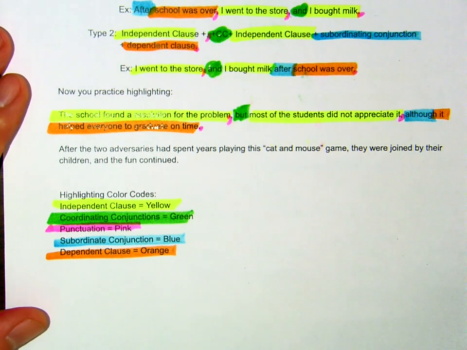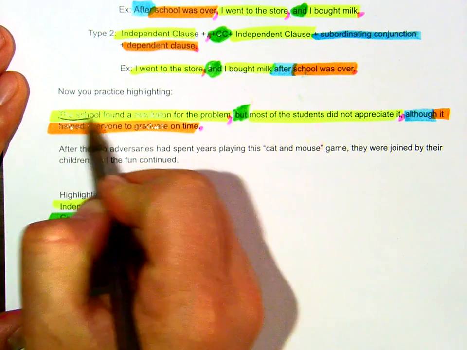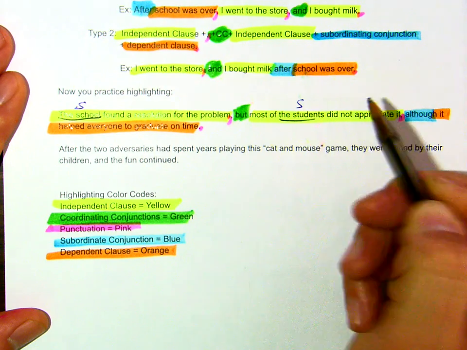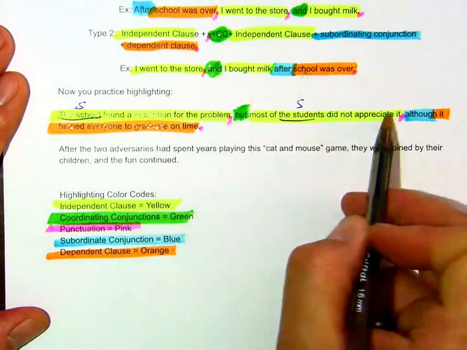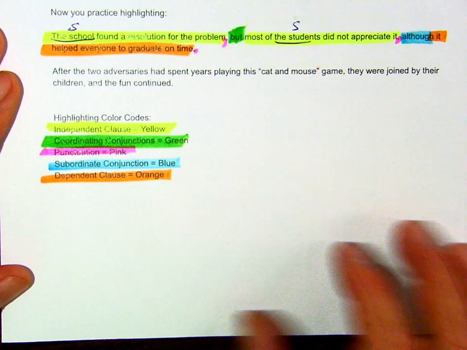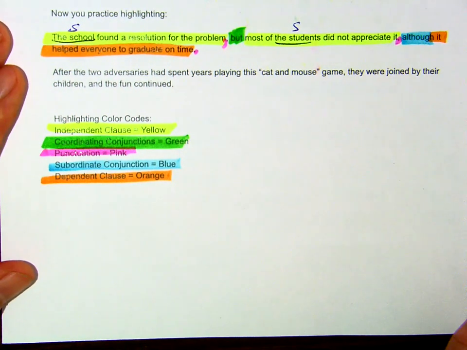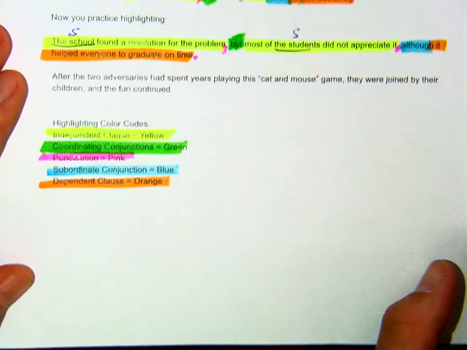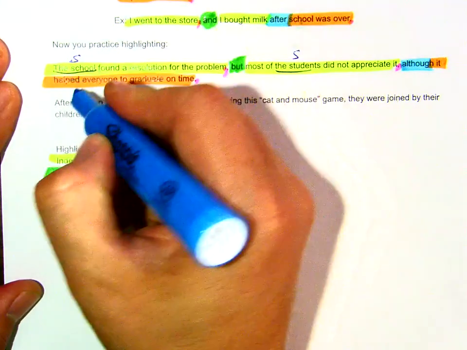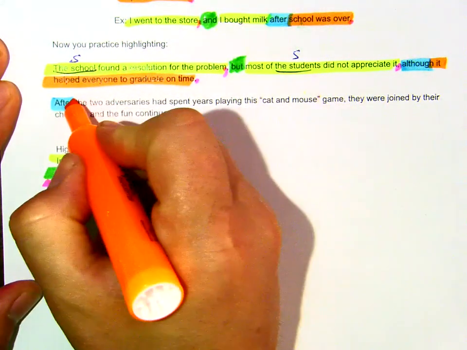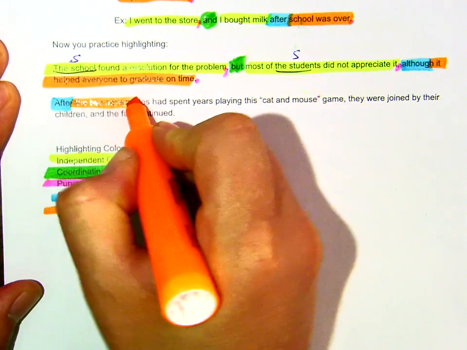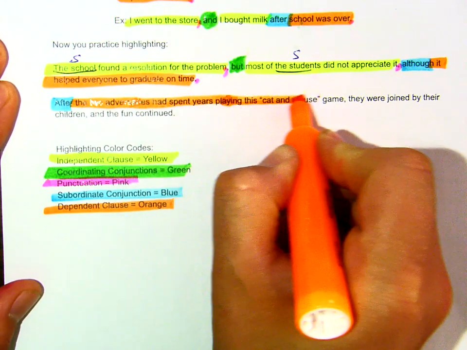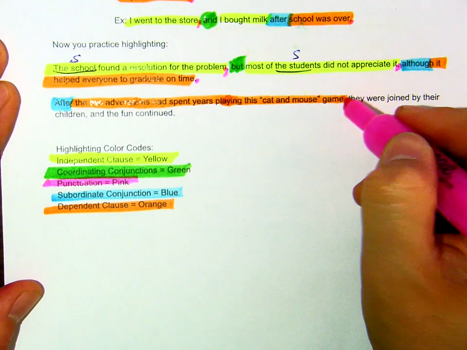Okay. Notice that where's the subject and the predicate? The subject in this one is the school. The subject in this one is the students. And then the predicate is right there. Here's the next one. After the two adversaries had spent years playing this cat and mouse game, they were joined by their children, and the fun continued. So notice there's a subordinating conjunction there, which means the rest of this is going to be a dependent clause. After the two adversaries had spent years playing this cat and mouse game, and then a comma.